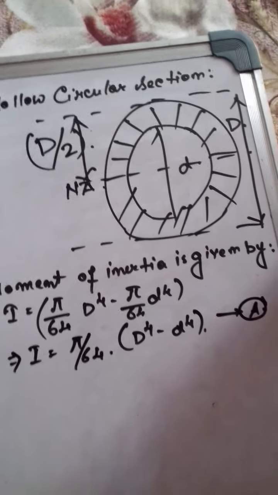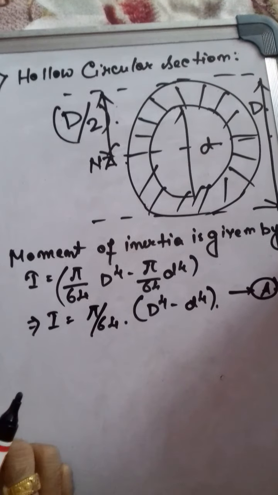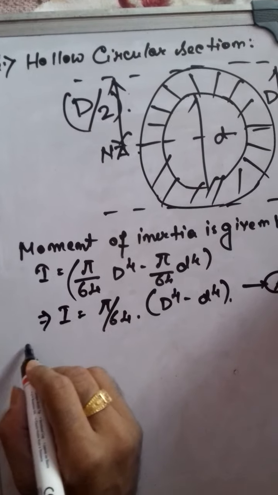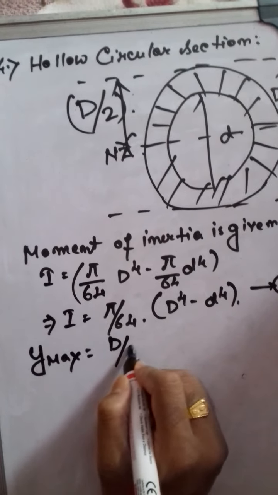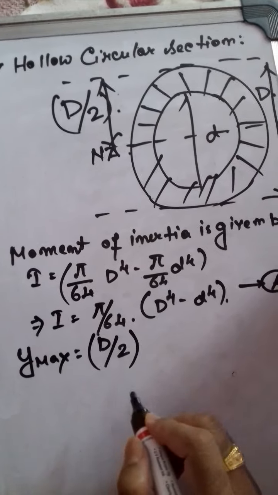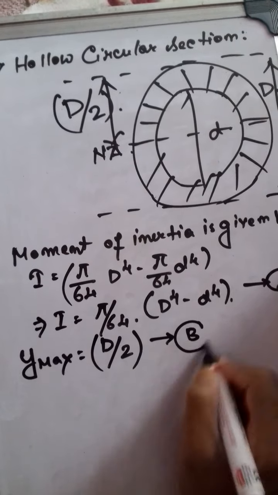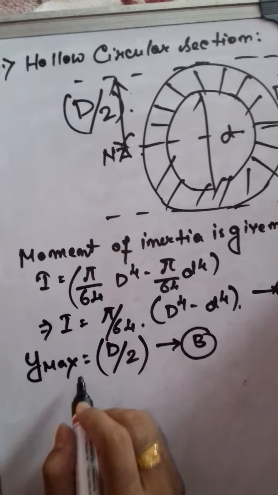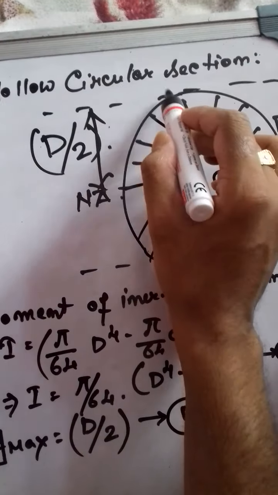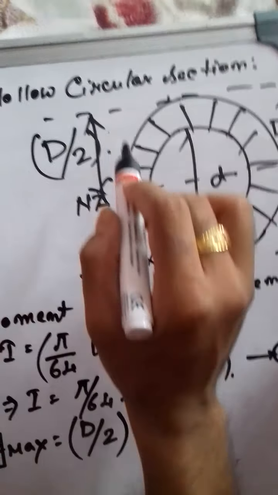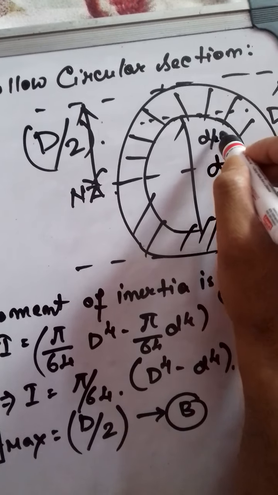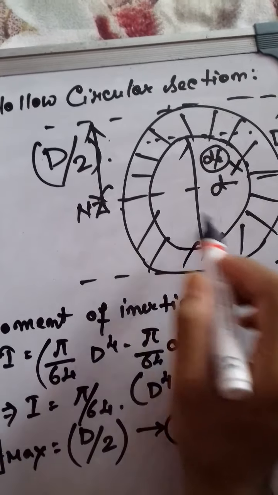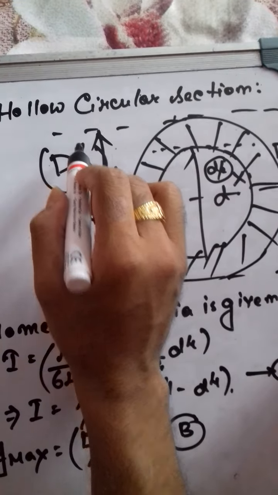This is the moment of inertia for this hollow circular section. Now the distance of the outermost layer from the neutral axis, that is y max, is given by big D, that is the external diameter divided by 2. Don't make y max equal to small d by 2, because in this figure the outermost layer comes at the end of the external diameter; this is not the outermost layer, so we will not take small d by 2. Okay, this is wrong. So always take big D by 2, that is the external diameter divided by 2, as the y maximum.